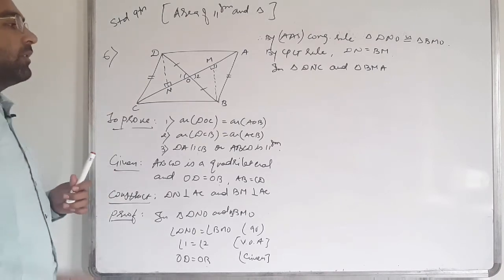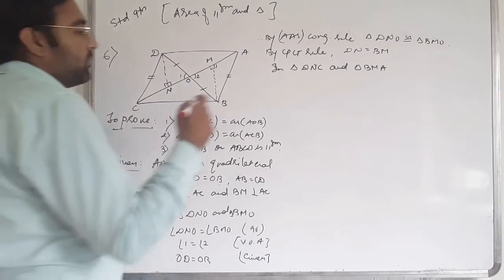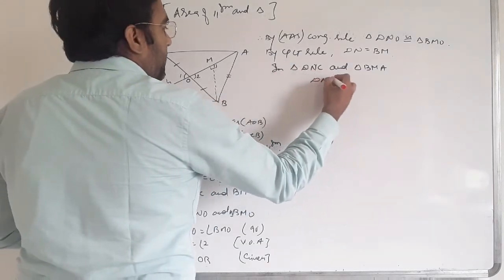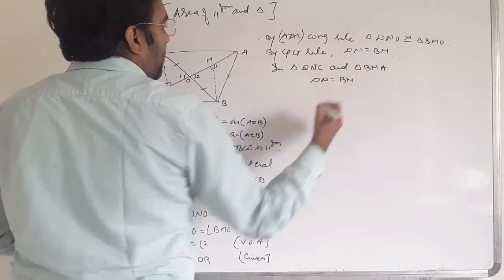in both of the triangles, DN is equal to BM, that we have proved.